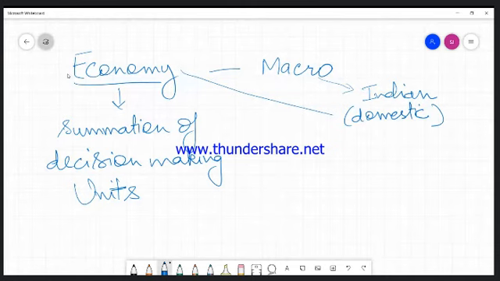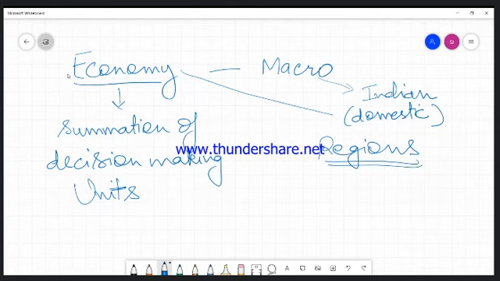You can study the Indian economy with respect to the international situation, right? Or the relationship between any two economies, Indian economy and US economy, Indian economy and Chinese economy. That is all macro.